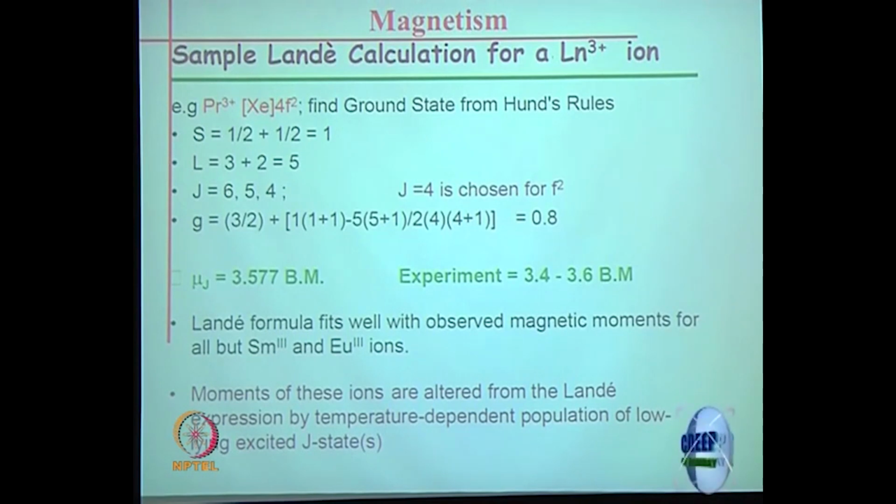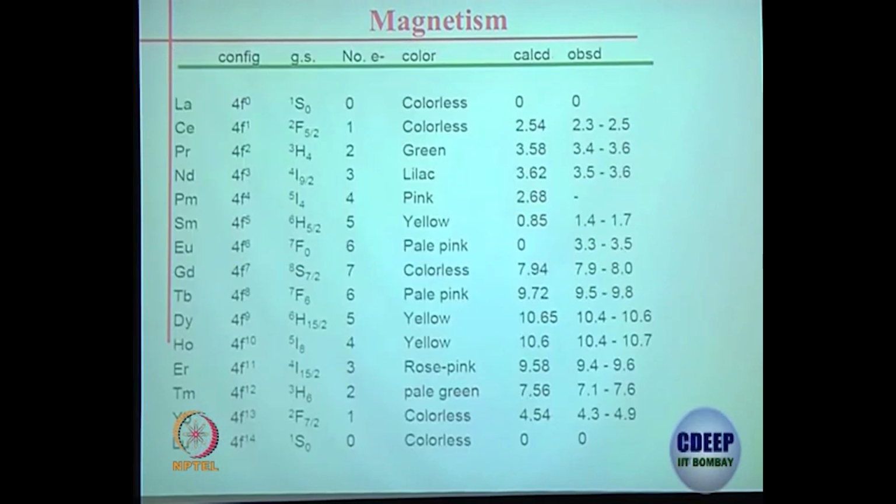Now J, in this case, since it is less than half filled, less than 7 electrons, F can have 14 electrons, and 2 is less than half, so J is L minus S, 5 minus 1, 4. Now praseodymium 3 plus is 3H4.